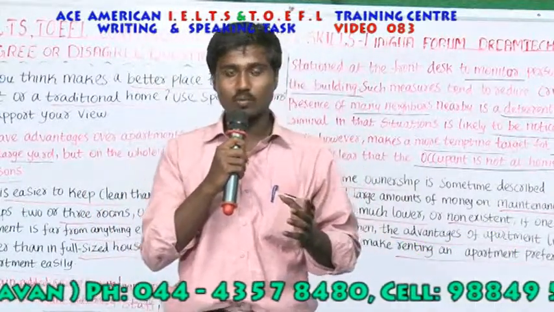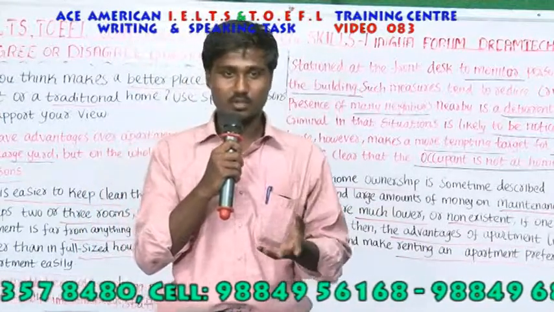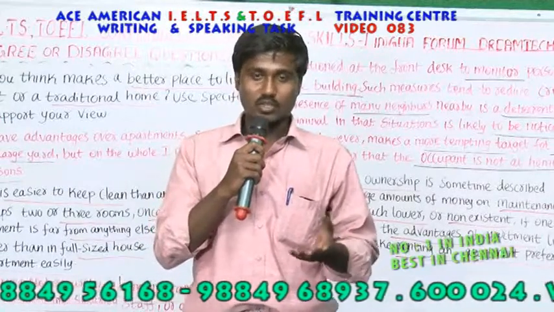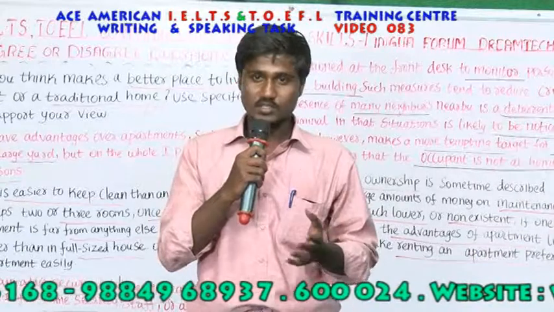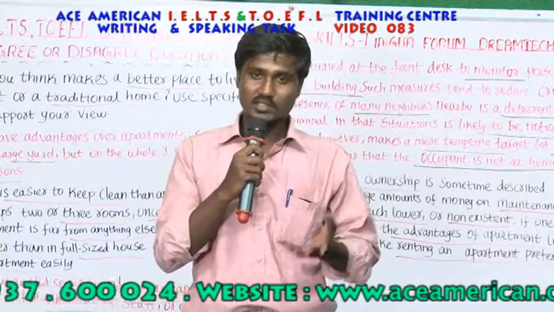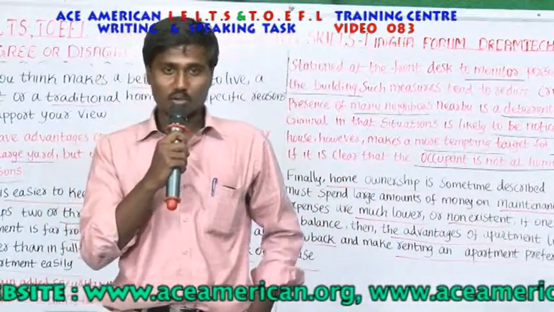So we worry less about whether our children are going to be spoiled. The worry is less compared to an individual house. So modern apartments are based on these points.